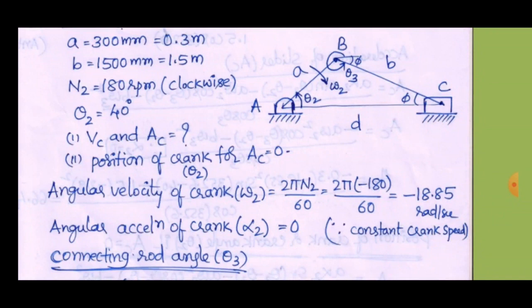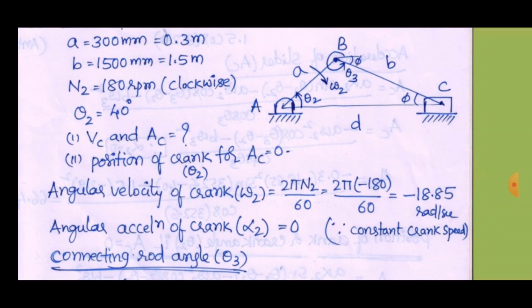Here the speed of the crank is given in revolutions per minute, therefore I should do 2 pi N2 by 60. So 2 pi into minus 180, because 180 rpm is clockwise, and according to our conventions clockwise is negative. So 2 pi into minus 180 by 60 will be minus 18.85 radians per second.